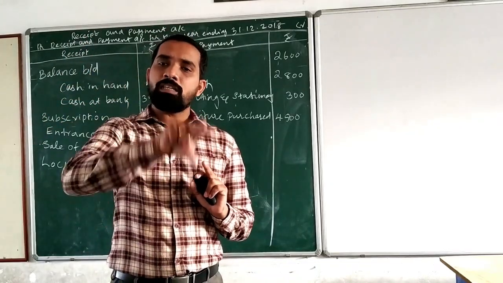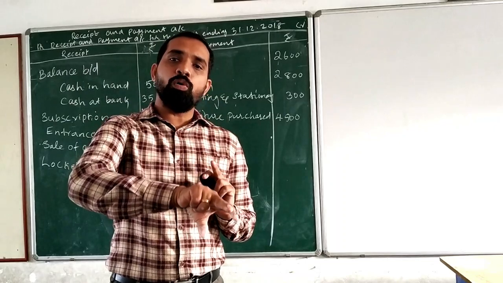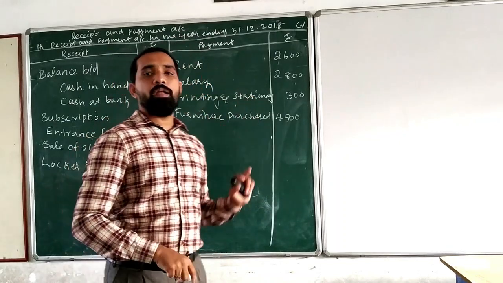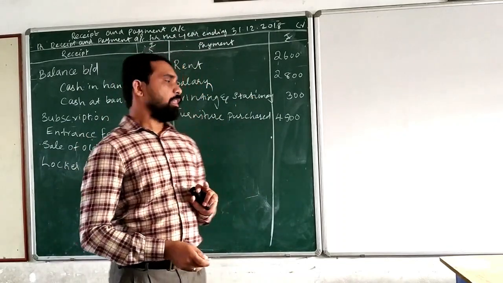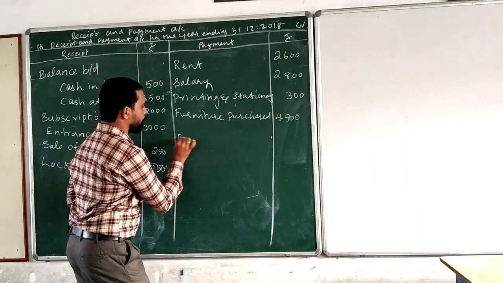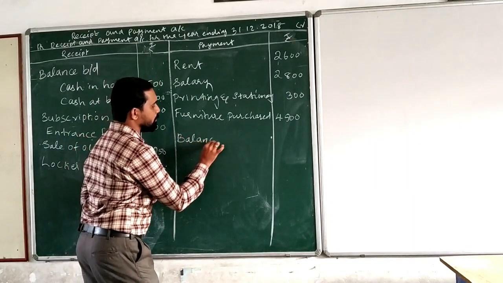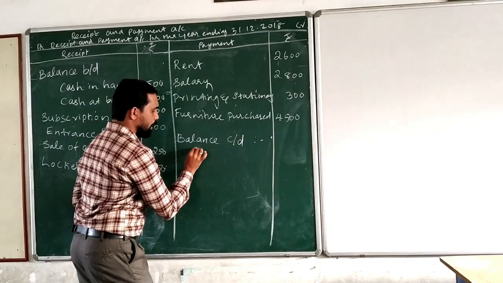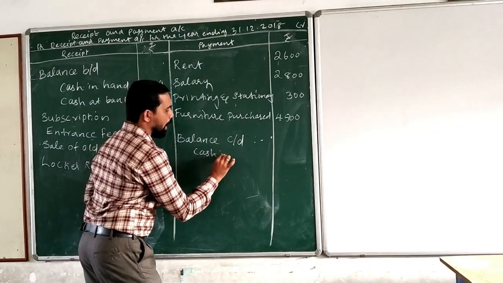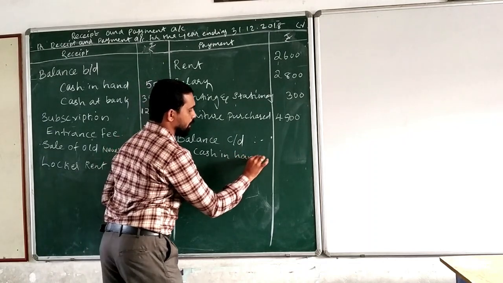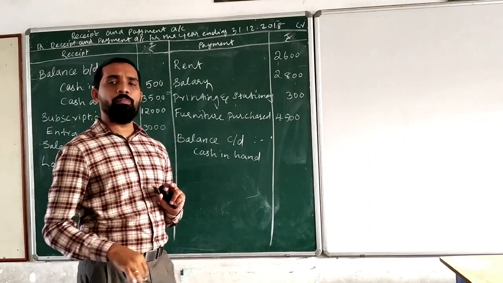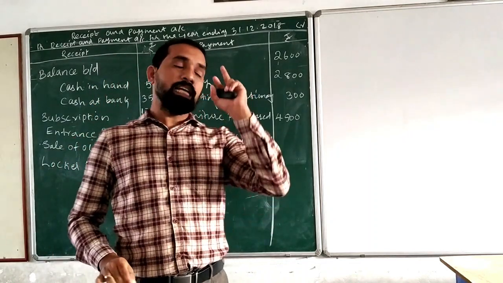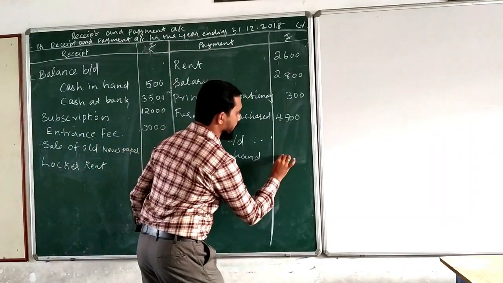Closing cash balance is always shown on the credit side of the receipts and payments account. That is balance carried down. Under that, cash in hand, rupees 1,300.